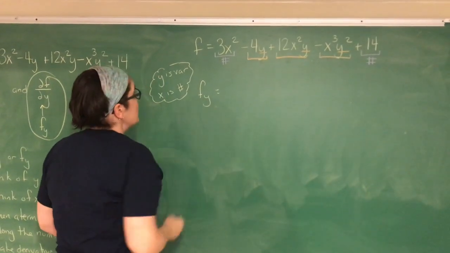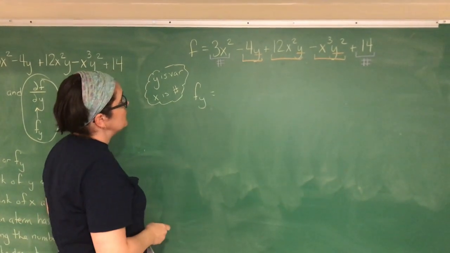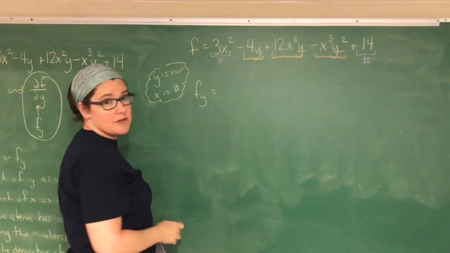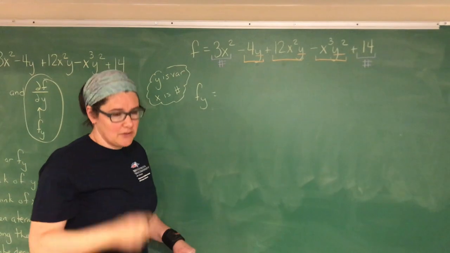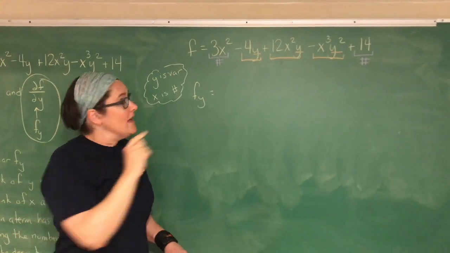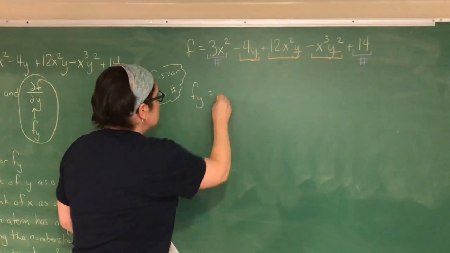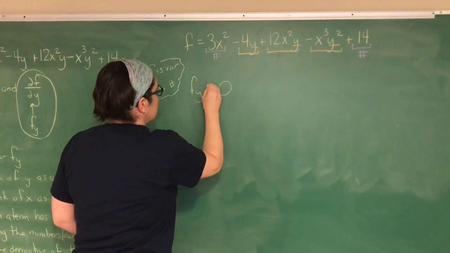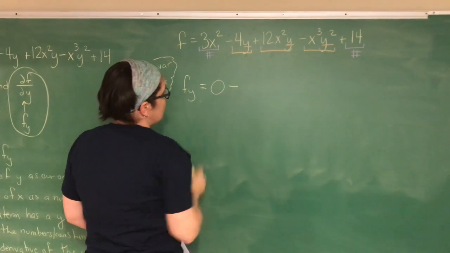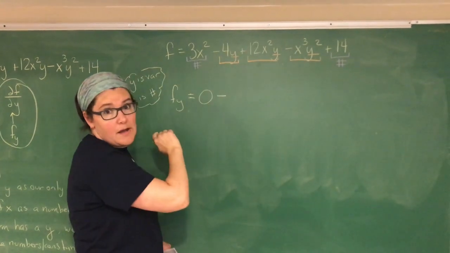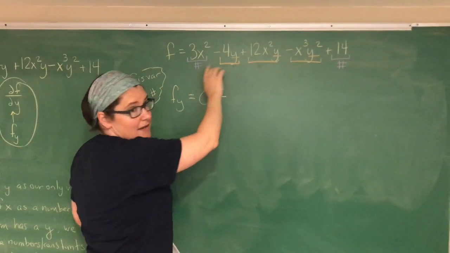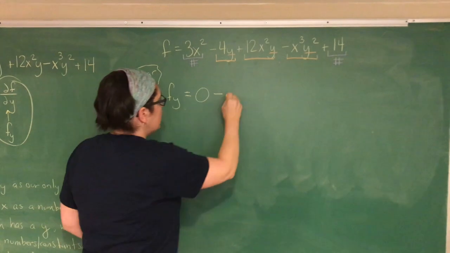Okay, so our partial derivative of f with respect to y: the derivative of a number sitting by itself, and even though there's an x in there, I'm looking at that x with special glasses on that say that x is a number, so its derivative is 0. Then I have a minus sign. And for this term that involves a y, I will carry along any number that's associated with that term.